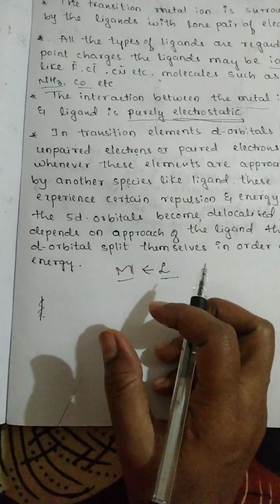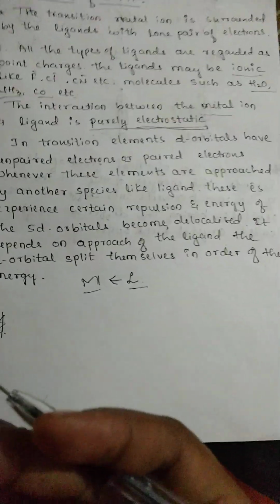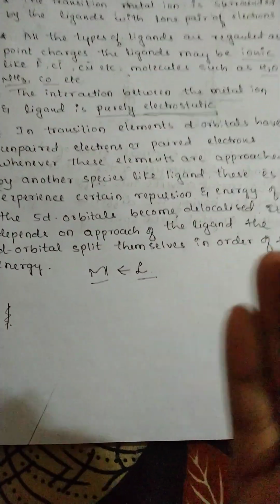Due to this repulsion, the degenerate d orbitals will be split into different sets of energy.